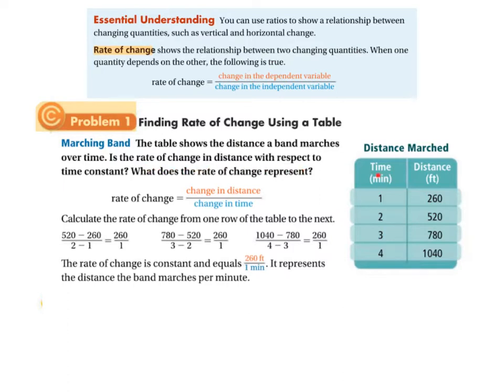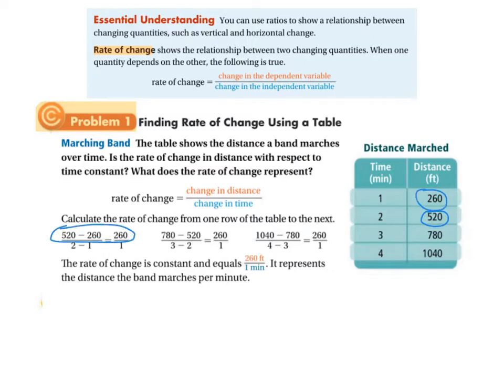Meaning, do we get the same amount every time no matter which data points we use? What does the rate of change represent? They say after 1 minute they've gone 260 feet, after 2 minutes they've gone 520 feet, after 3 minutes 780 feet, and after 4 minutes they've gone 1040 feet. So if they took the first row and the second row, it's 520 minus 260, that's what we're seeing there.